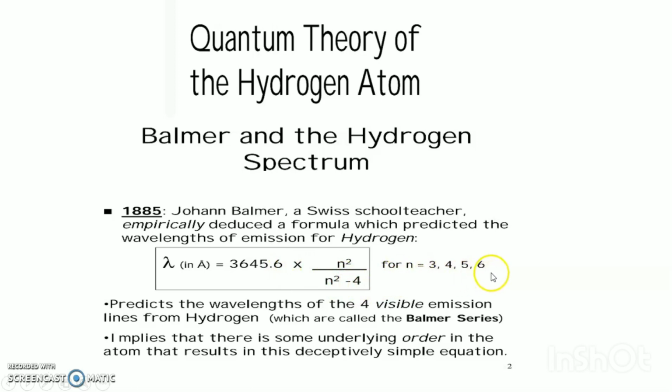For n equals 3, 4, 5, 6, it predicts the wavelengths of the four visible emission lines from hydrogen, which are called the Balmer series. This implies that there is some underlying order in the atom that results in the deceptively simple equation.